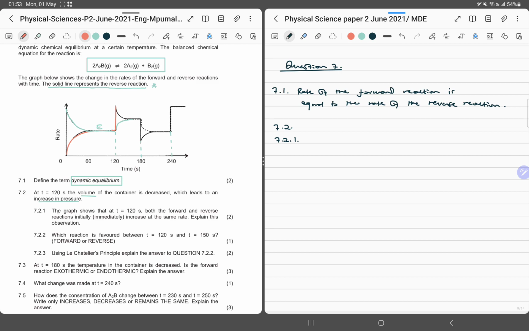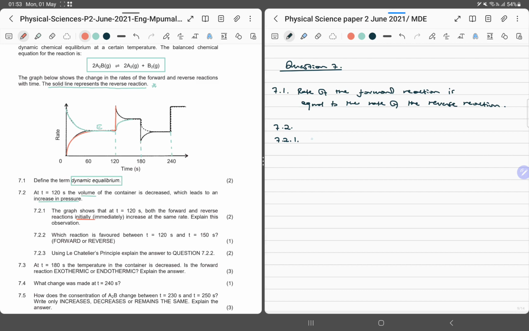Okay, so our 7.2.1. The question says now, the graph shows that at T120, both the forward and the reverse reactions initially and immediately increase at the same rate. Explain this observation. Well, this is very easy.